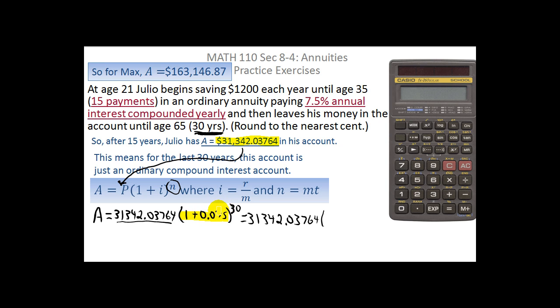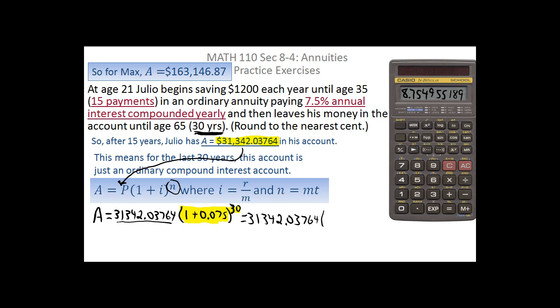So I'm going to do this all at once. I've been showing every little single step, but I think you can handle this. I'm going to do 1 plus 0.075 equals. That's the base. Then I'm going to hit the power button, raise it to the 30th power, so I do 30 and press equal.